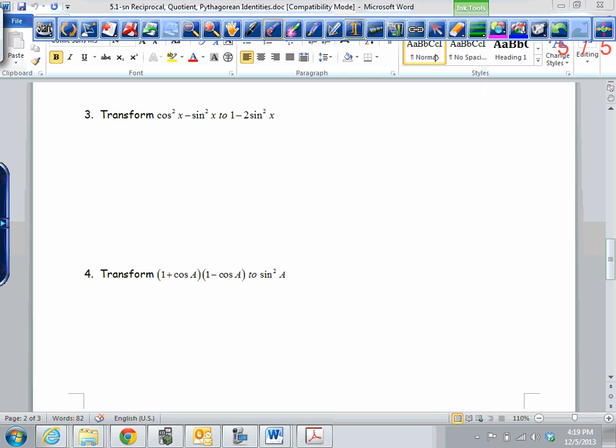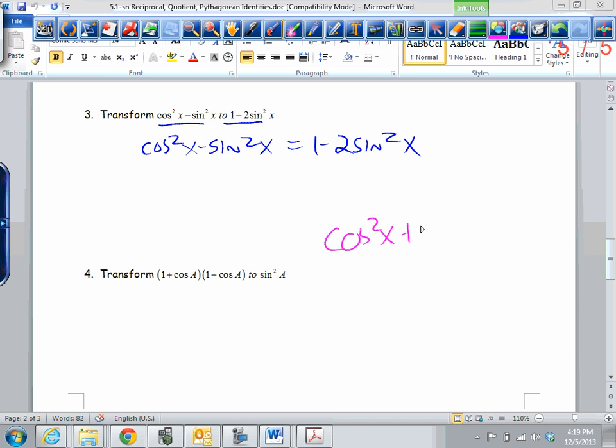Okay, what we're going to do here is we're going to look to see if I can change this guy to that. So I got cosine squared x minus sine squared x to 1 minus 2 sine squared x. Anytime you see a square, we should be always thinking cosine squared x plus sine squared x equals 1, okay?